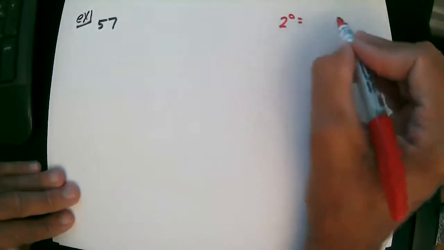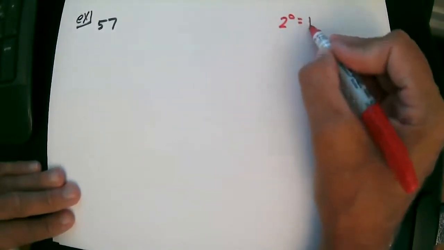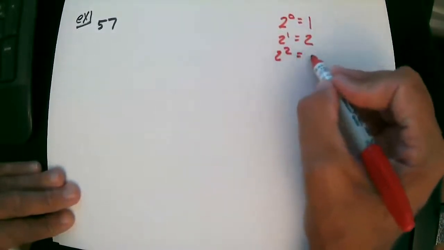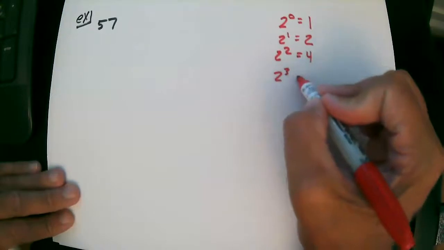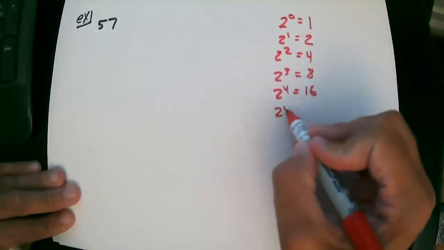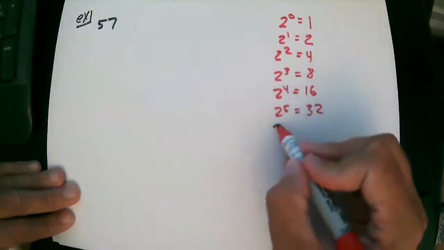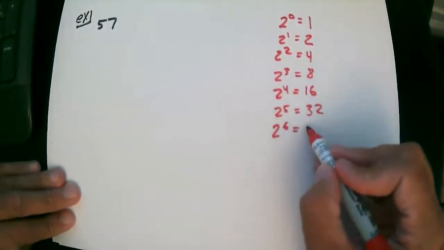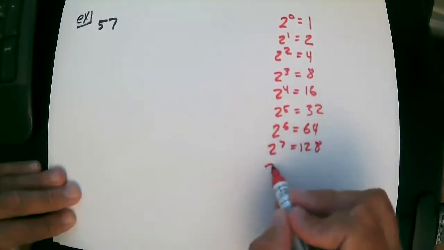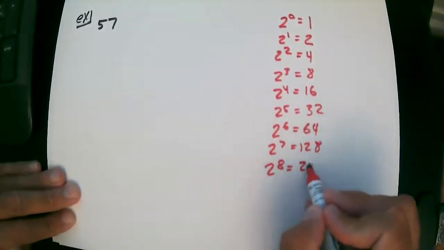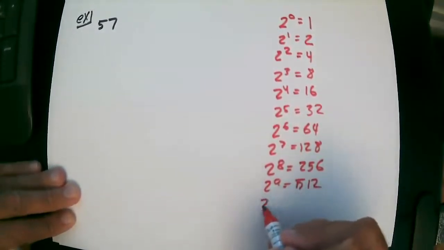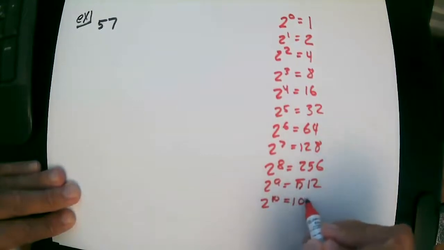So 2 to the 0 is 1, 2 to the 1 is 2, 2 squared is 4, 2 to the 3rd is 8, 2 to the 4th is 16, 2 to the 5th is 32, 2 to the 6th is 64, 2 to the 7th is 128, 2 to the 8th is 256, 2 to the 9th is 512, 2 to the 10th is 1024.